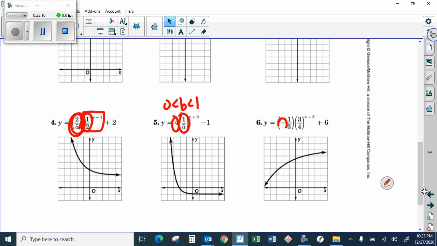And it shifted right 5 and up 6. So if there's a negative out front, that's going to reflect over the x-axis, just so you know. All right, that will go ahead and end this video.